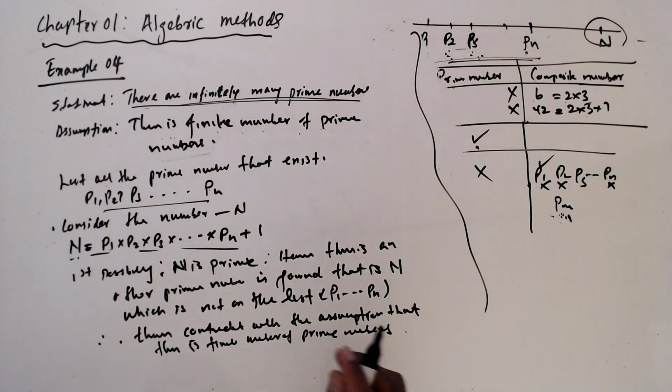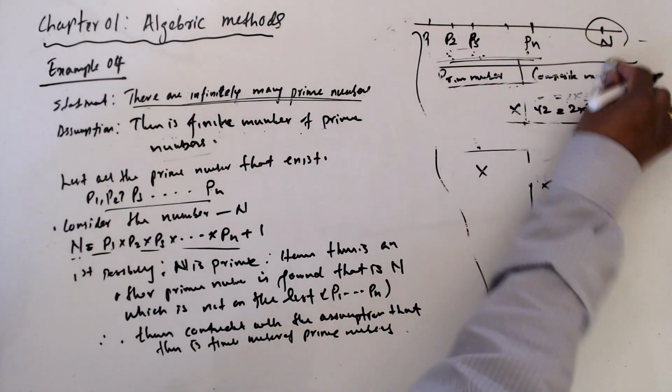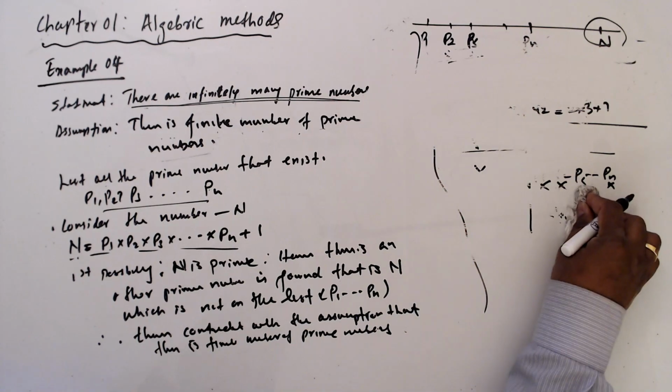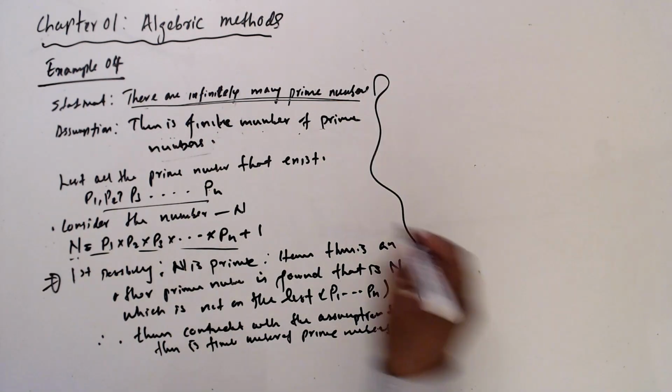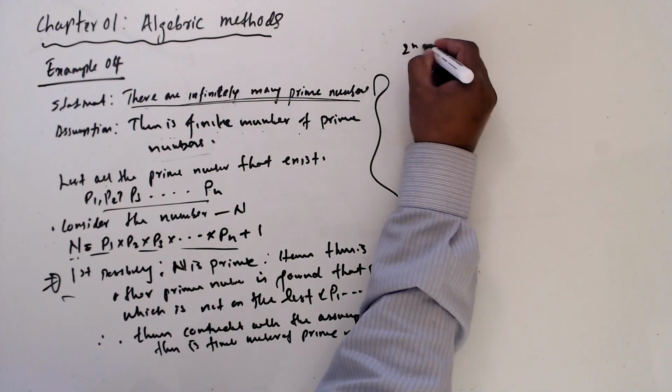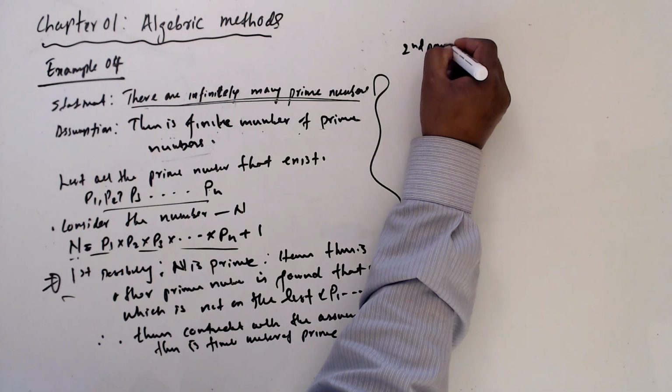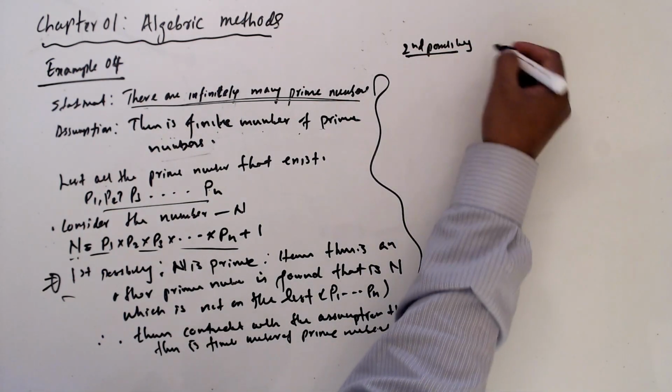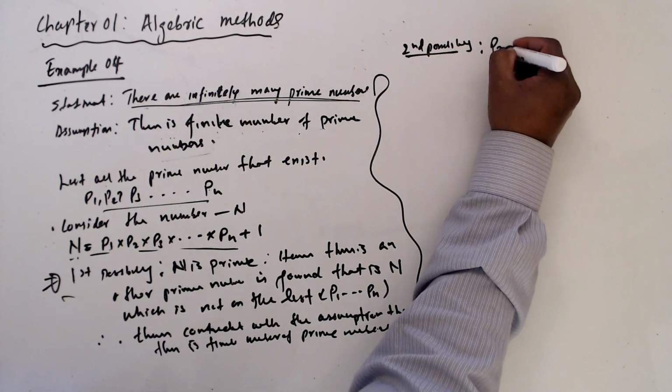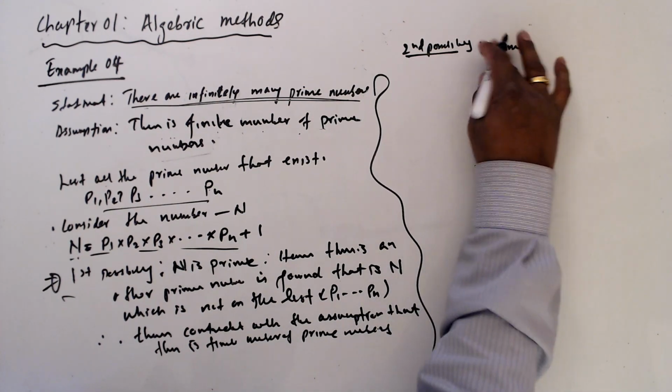The second possibility: n is a composite number.